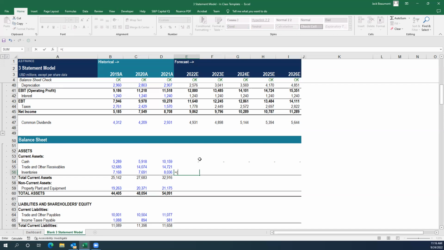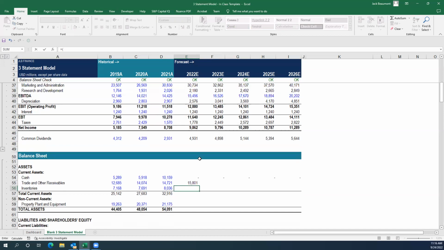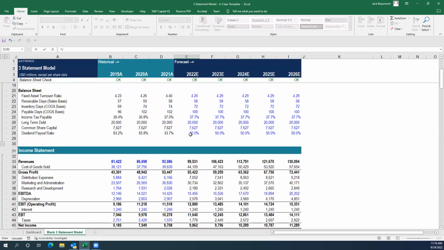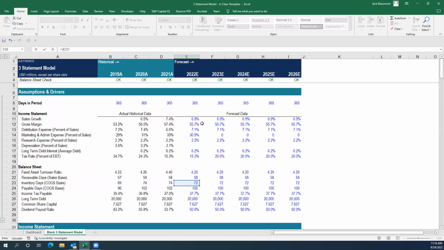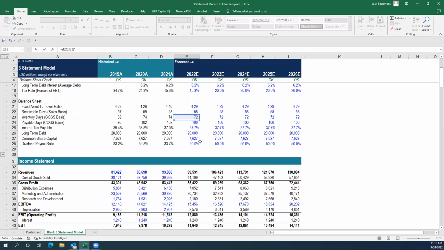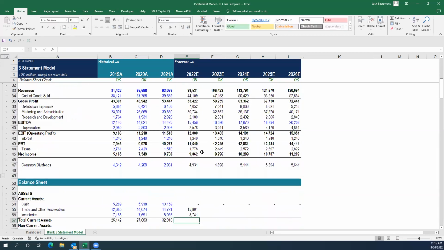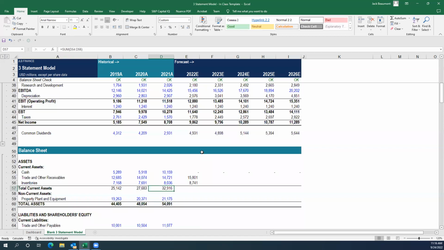So sometimes we're going to have some left over, or we're going to turn that over with our cost of goods sold. So our inventory assumption is going to be based off of our inventory days. And so we do the same thing, divide that by the days in the period and multiply that by cost of goods sold.